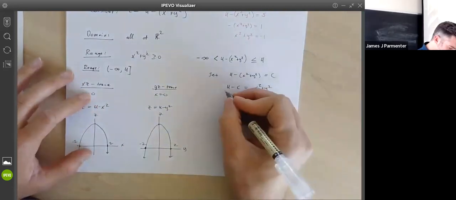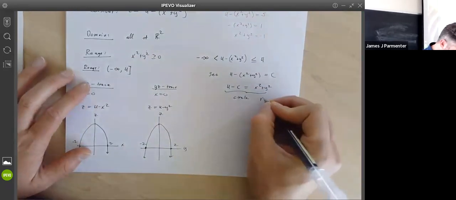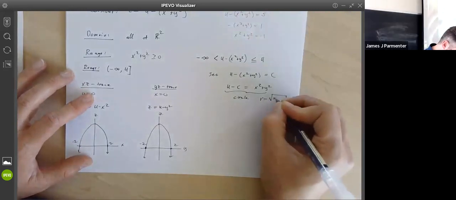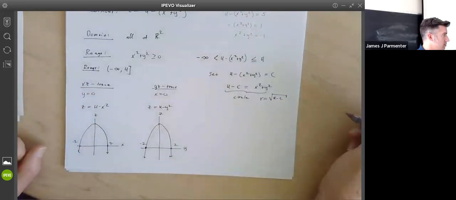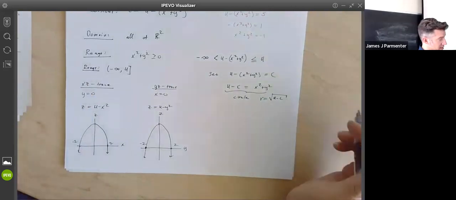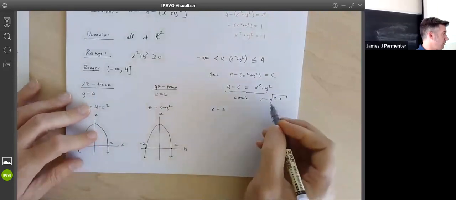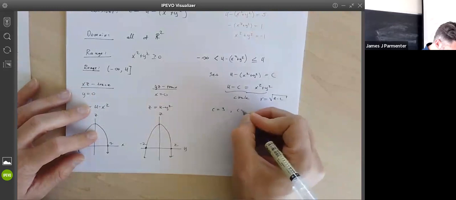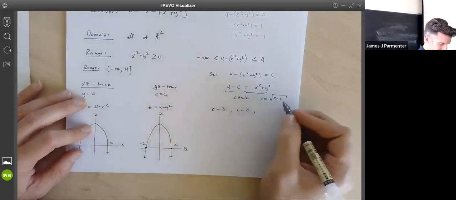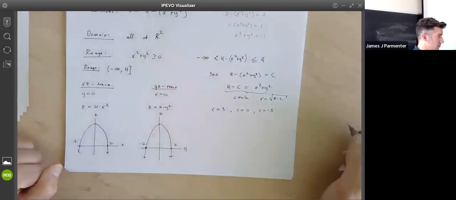So I know that this is going to be a circle centered at the origin, and the radius is going to be the square root of 4 minus c. So then I can pick c values and draw things pretty easily. I'm going to pick convenient c values. I'm going to pick c equal to 3 because that's going to give me the square root of 1. And I'm going to pick c equal to 0 because that's going to give me the square root of 4. I'm going to pick c equal to -5. Why not? Because that's going to give me the square root of 9.